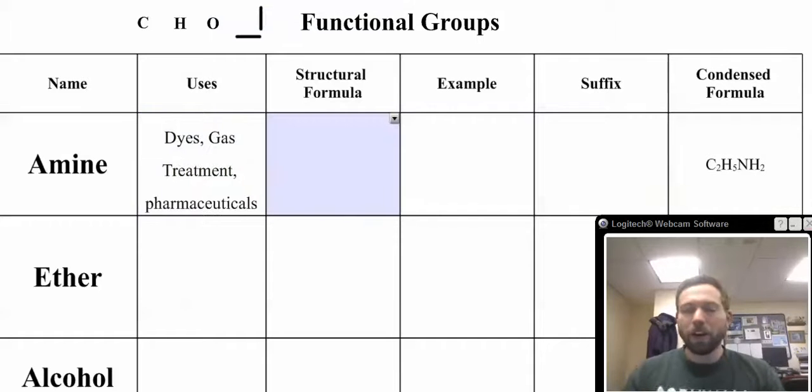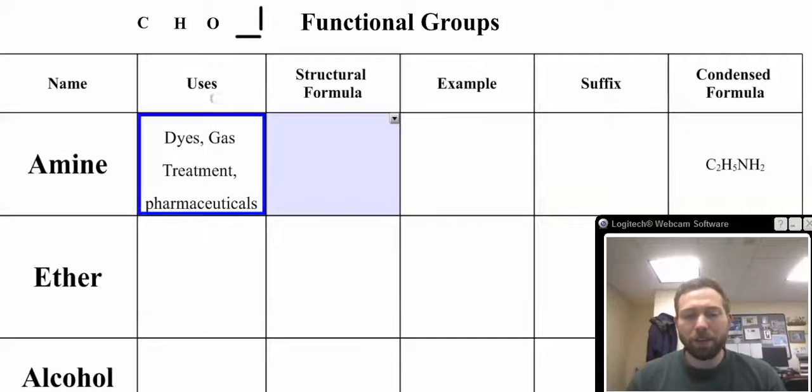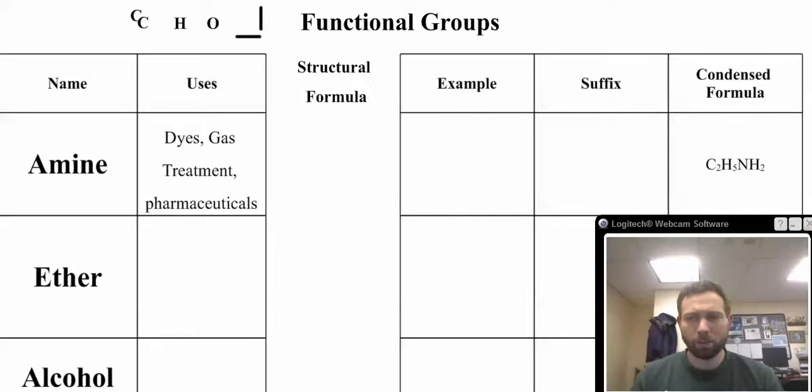All right, so for the structural formula, when you're looking at an amine, you're definitely going to have carbons, and at the end of the carbon, you're going to have a nitrogen. And that nitrogen is that characteristic atom that will tell you that you're looking at an amine.